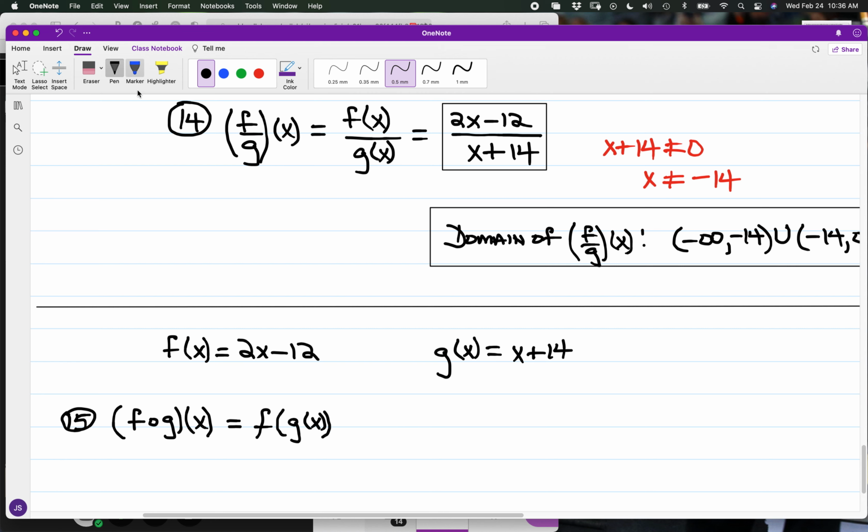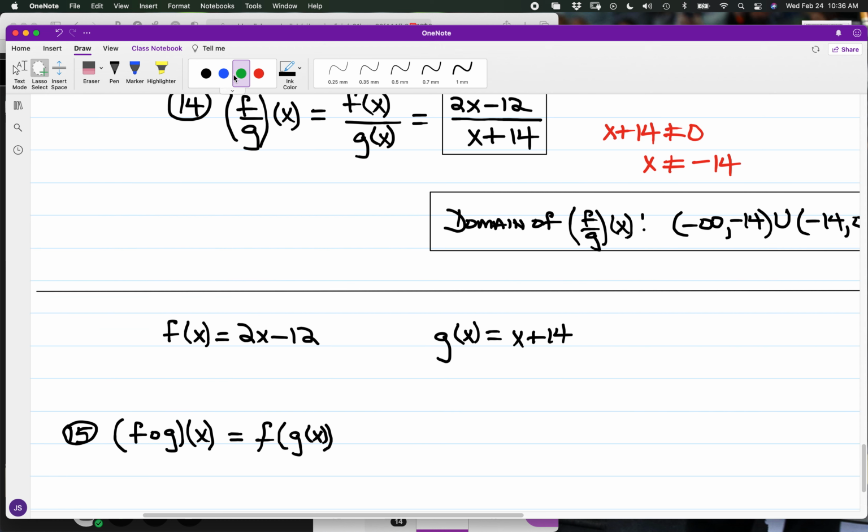So in the composition, we're going to have the output in accordance with what is prescribed for f of x. f of the input is equal to 2 times the input minus 12. And now with the input being g of x, I have 2 times g of x, minus 12.